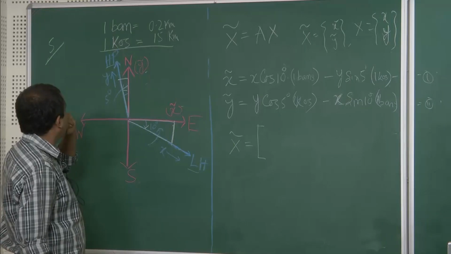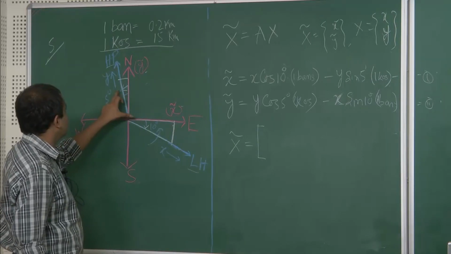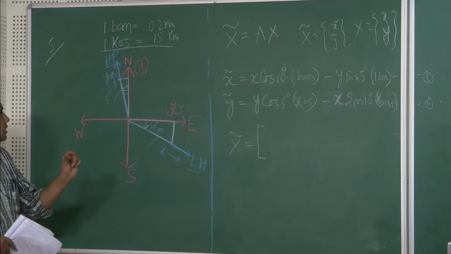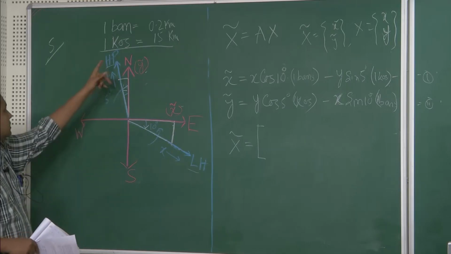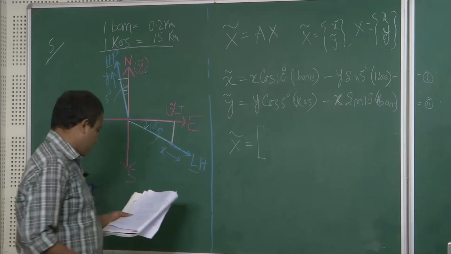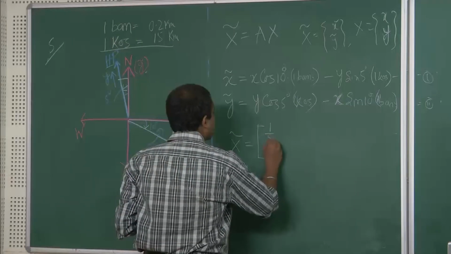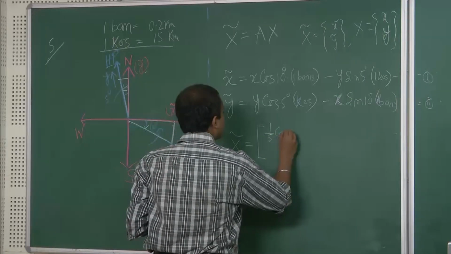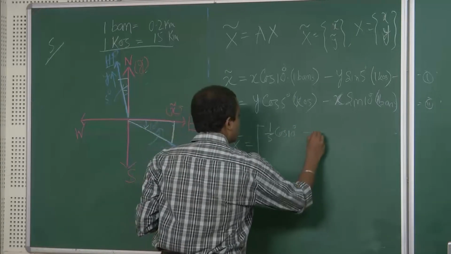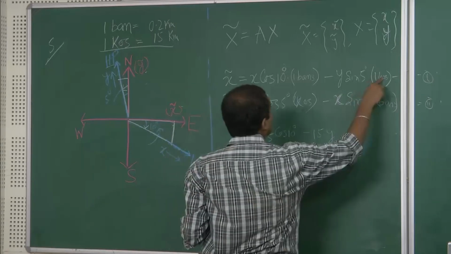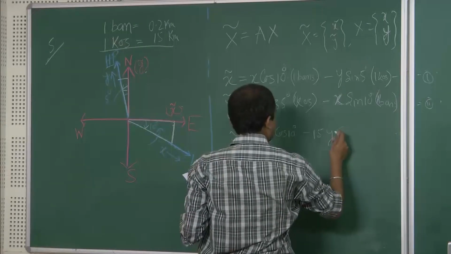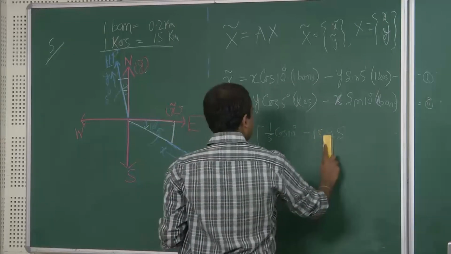So, not only do we have these angles, we also need to convert to our system, that is, the scalar multiple that changes from this unit to that unit. This is exactly the relationship given in the problem, so you can use them and write this. Ultimately you will get 1 by 5 cos 10, remember, these are in degrees, not in radians, minus 1 by 5 sin 10, and 1 by 5 sin 5, 1 by 5 cos 5, in kilometers.